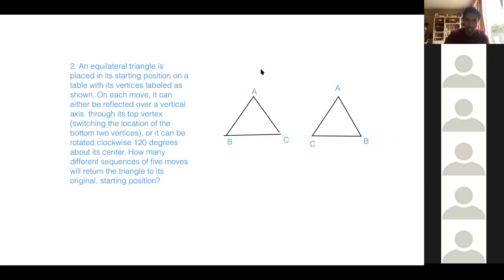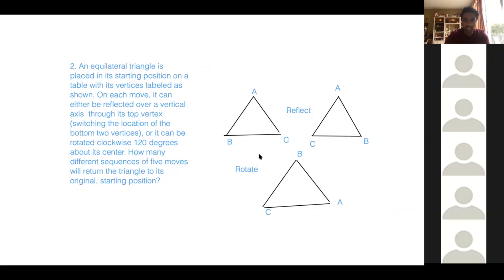And the other approach is a rotation. Instead of having ABC, we can rotate by one side or 120 degrees. So these are the two potential transformations: we can do a reflect or rotate.